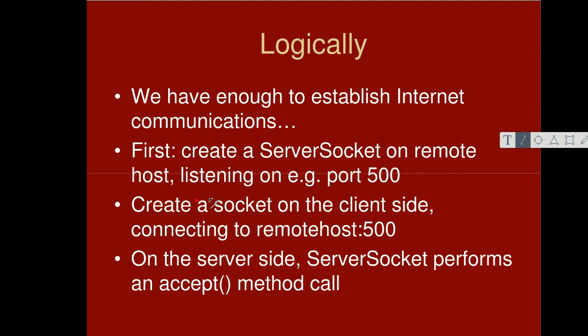Then you create a socket on the client side, and you connect. There's a way of specifying the remote port that you want to connect to. And on the server side, the server socket performs an accept method call.